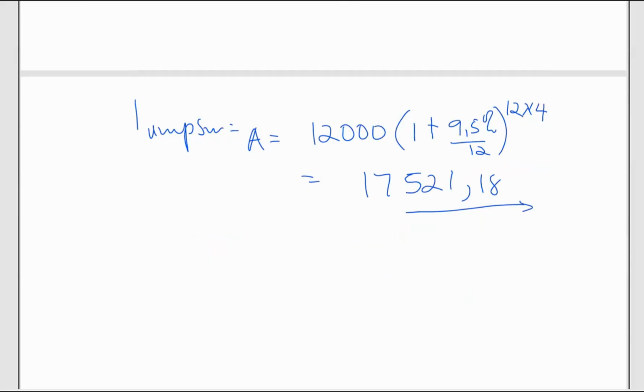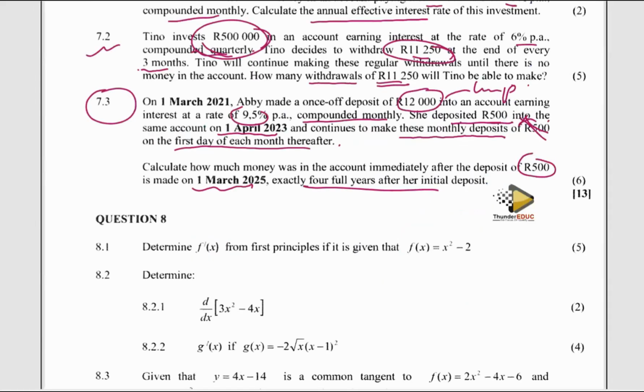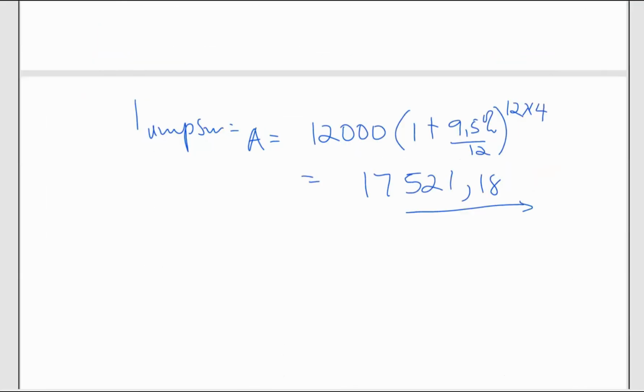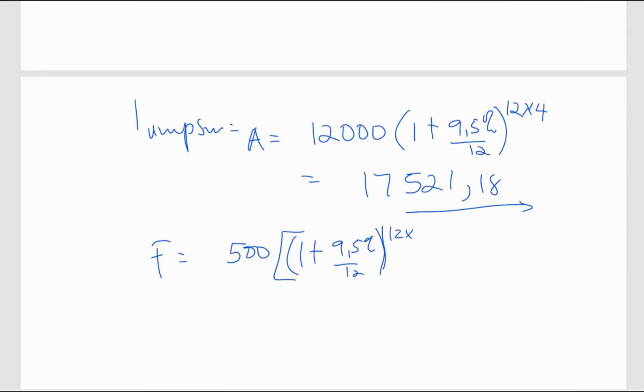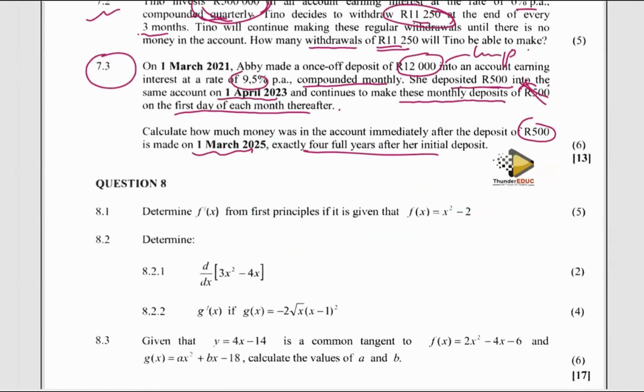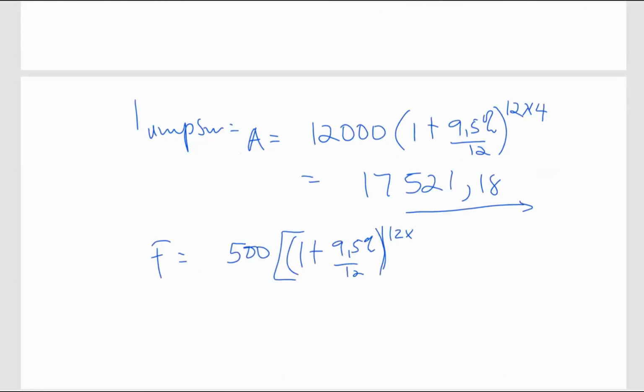Then two, for the deposits of 500 that were made, we're going to have the future value formula, which is the 500 into 1 plus 9.5% monthly to the exponent of 12 times 4. Wait a minute, why am I saying 4? Remember, it was 2023. Now this is 2025, so those are 2 years. It can't be 4 years. So this is times 2.